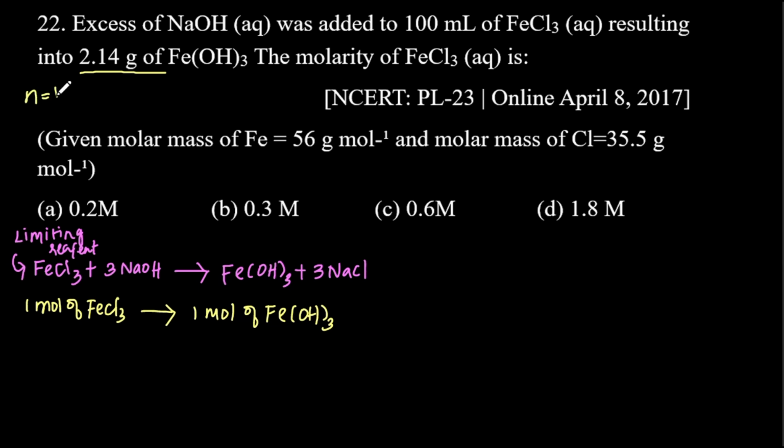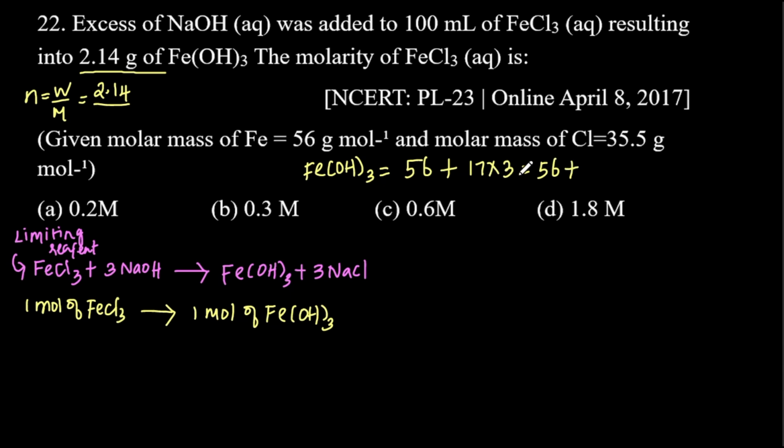Number of moles is equal to given mass by molar mass. The given mass is 2.14 and the molar mass of Fe(OH)3 we have to find. Fe(OH)3 is equal to the mass of iron, 56, plus the mass of oxygen, 16, and hydrogen, 1. So 17, and 3 units of OH are there, so 17 into 3.